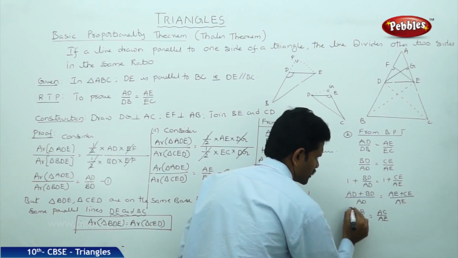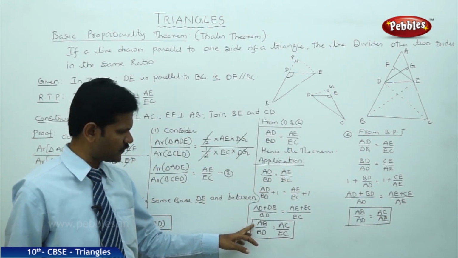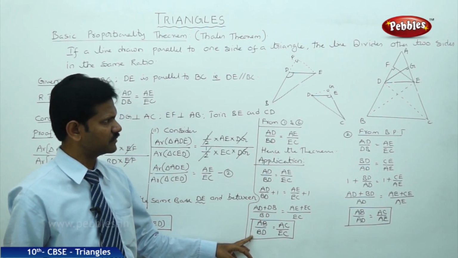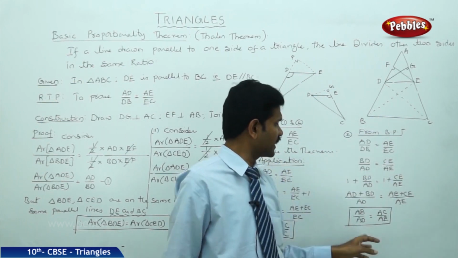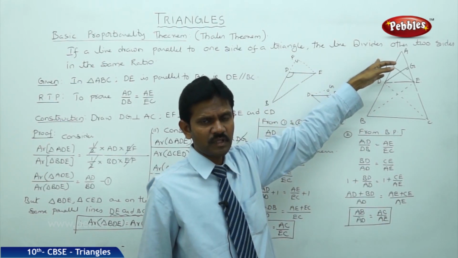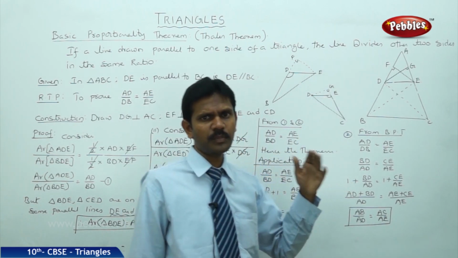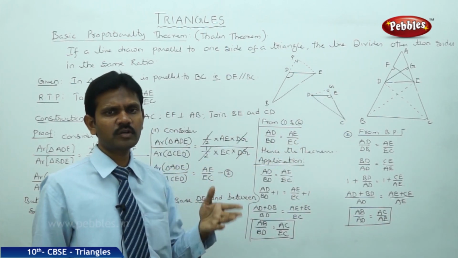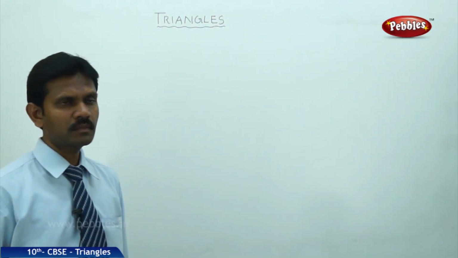This is the second application. Application 1 is total by the first part, BD. Here it is AB by AD, the upper part. That means whether you consider total by part or part by total, the BPT theorem will be true.